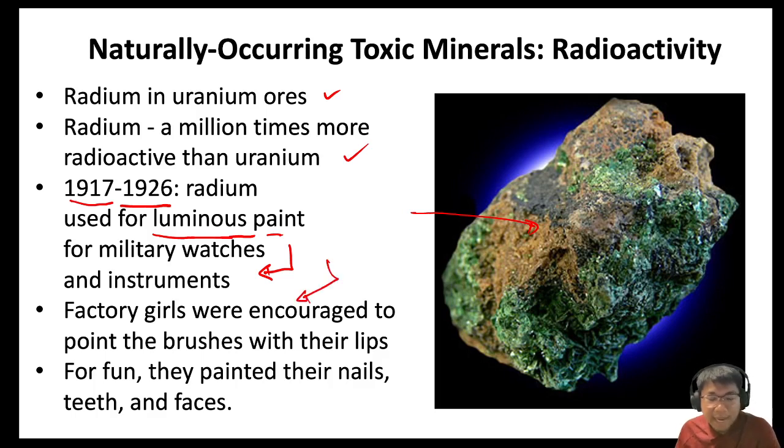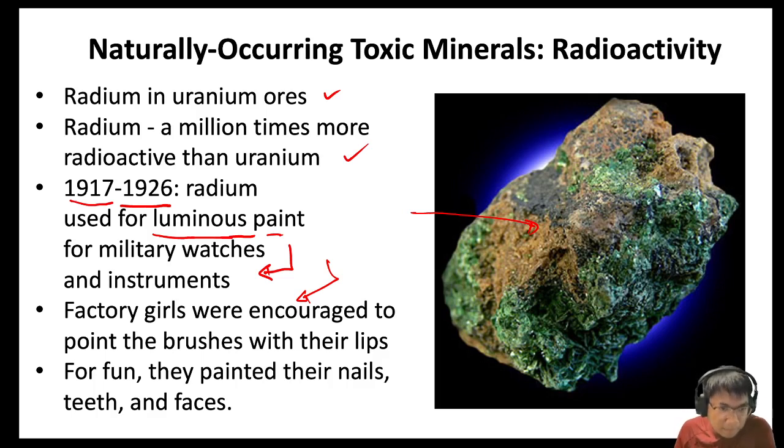in the factory that made all these watches and instruments. The factory girls were encouraged to point the brushes with their lips, so they wet the tip of the brushes with their lips, just like that, and then painted the watches.